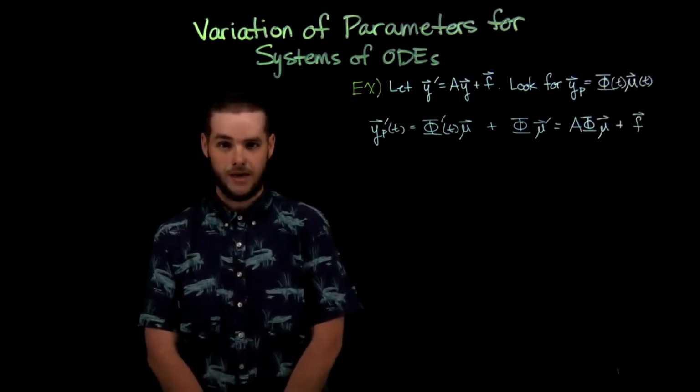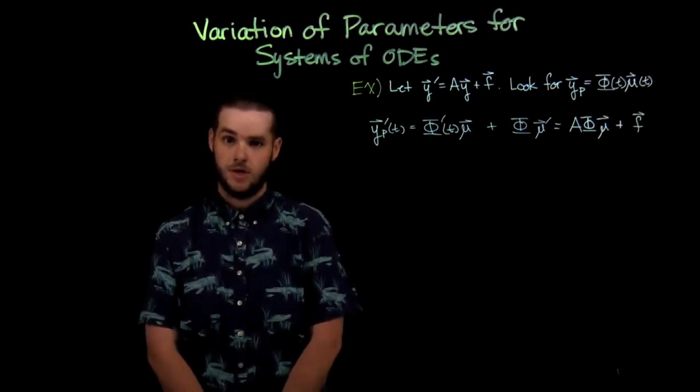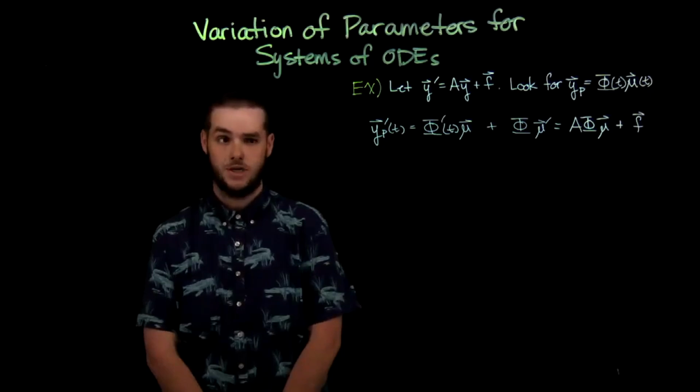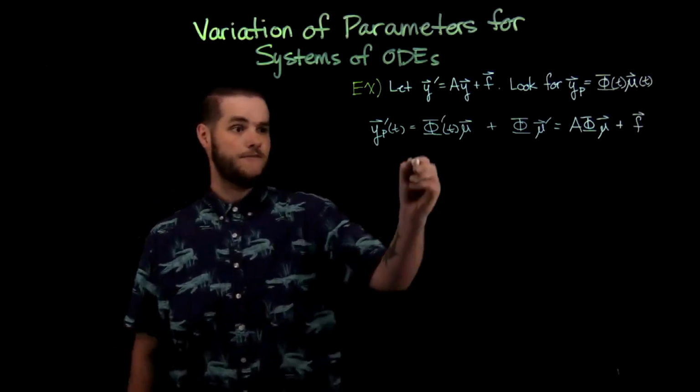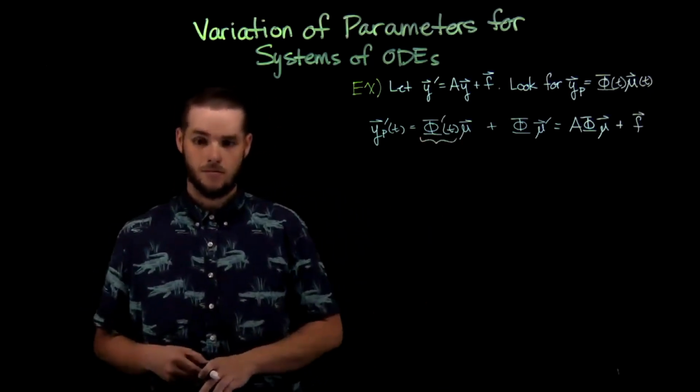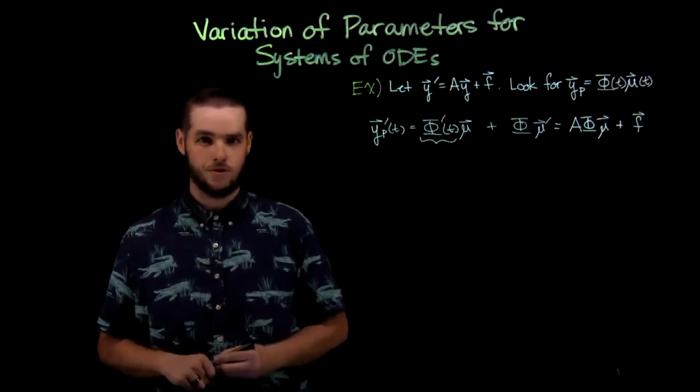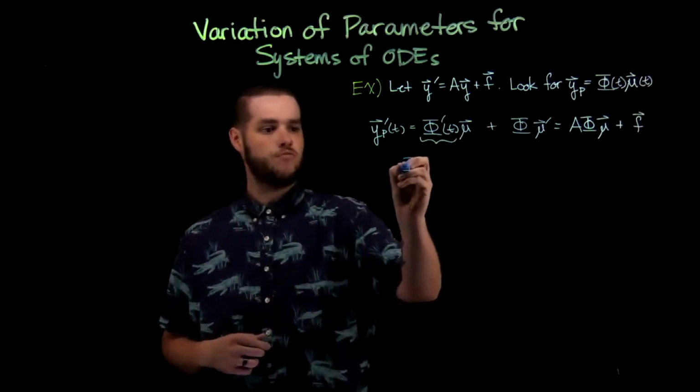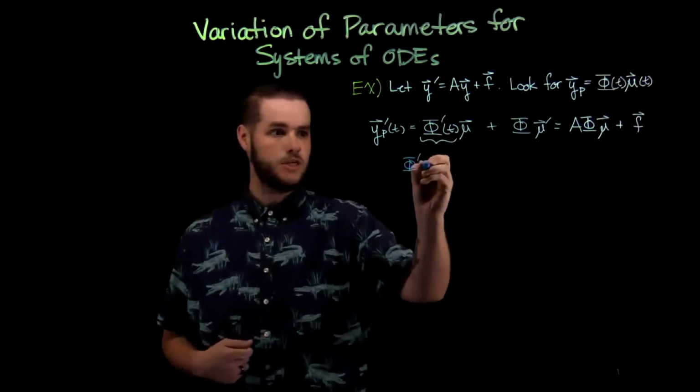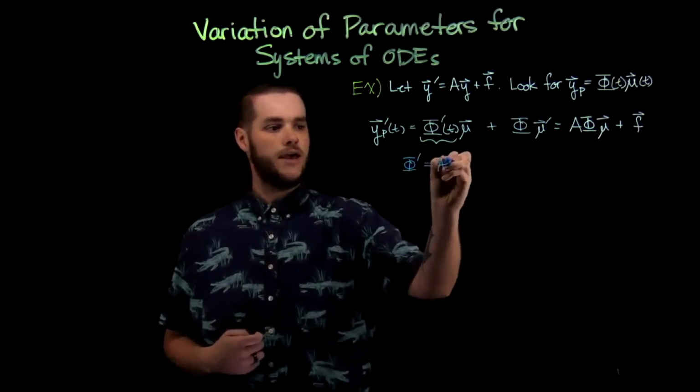Now recall that phi is the fundamental matrix for the system, which means that it solves the complementary equation. But I have a phi prime here. To show those loose ends a little bit more carefully, phi prime, since it is the complementary solution, is equal to A phi.